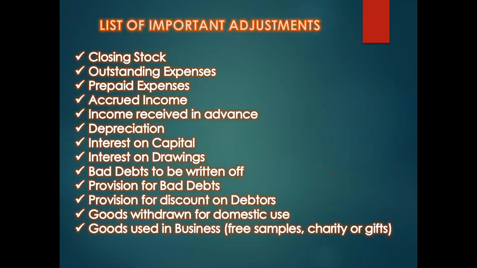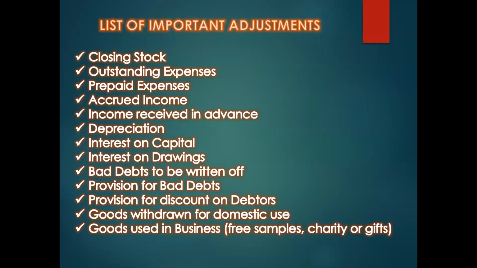Depreciation relates to plant and machinery. Then interest on capital, interest on drawings, bad debts to be written off, provision for bad debts, provision for discount on debtors, goods withdrawn for domestic use, goods used in business.